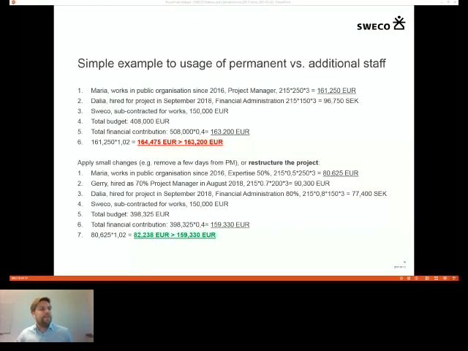So the total financial contribution of this public organization will be 159,330 euros, which is more than 82,238 euros, which is Maria's salary plus 2%, or the 2 exceeding percent. So this is a construction that would work, basically.